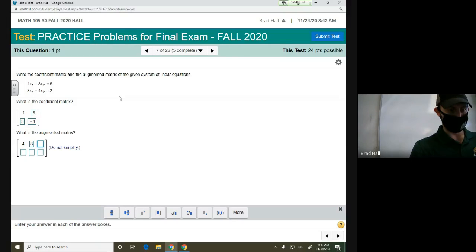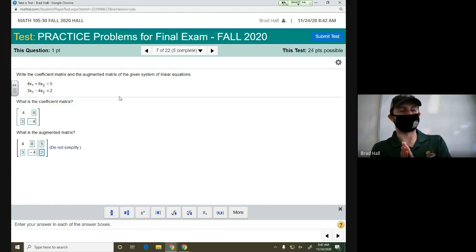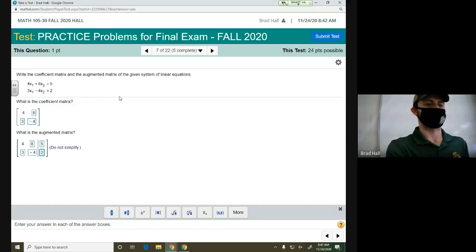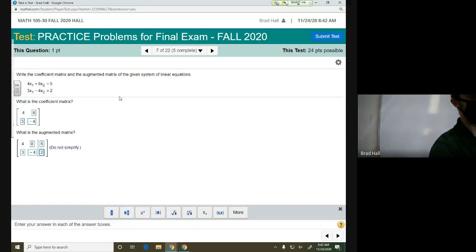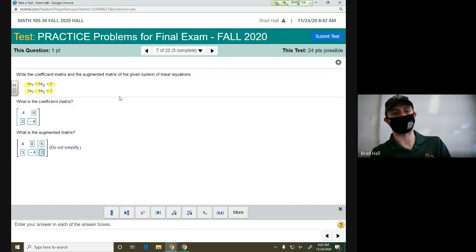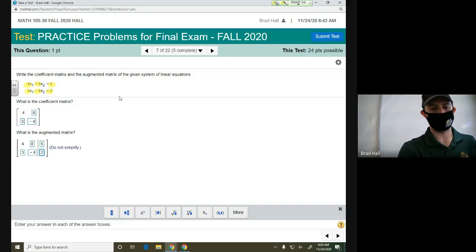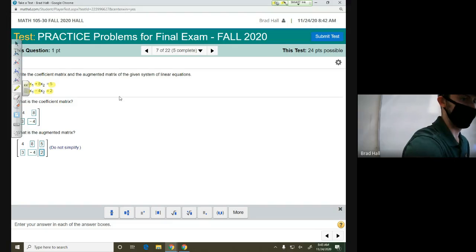And the same thing, but now throw in those constants. This is stuff from the very beginning of the third unit. So we're just taking all the numbers 4, 8, 5, 3, -4, and 2, and you can see them pop up in the matrices as such. So let's just breeze past that one.